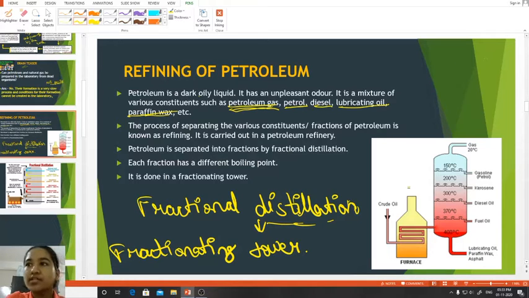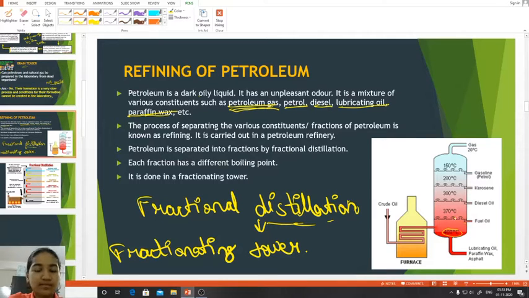First, crude oil is passed in a furnace in which it is heated to 400 degrees Celsius at the bottom, and that is connected through a pipe. Okay, so 400 degrees Celsius is the point to which it is heated, and then it has different levels, and according to the boiling point they settle.